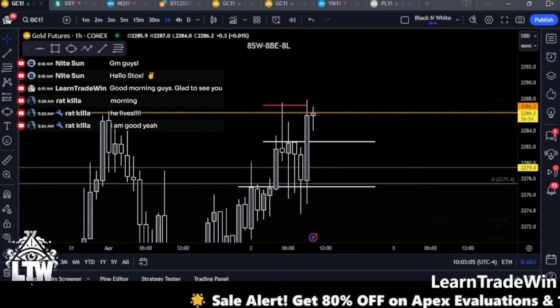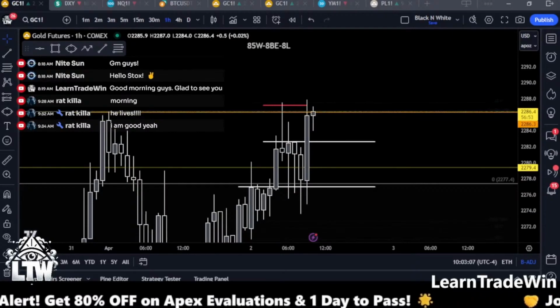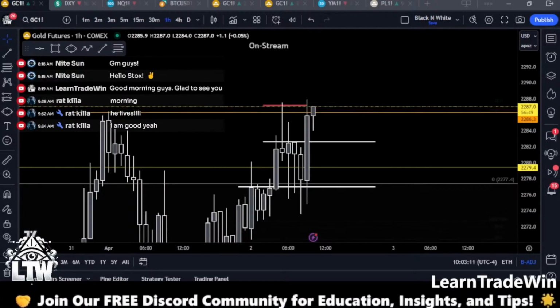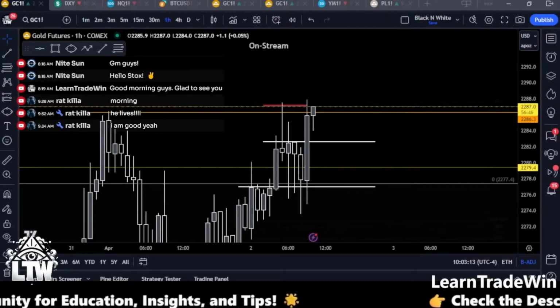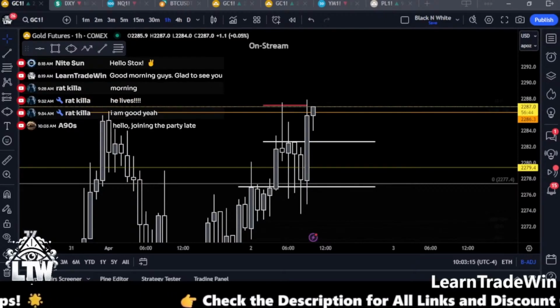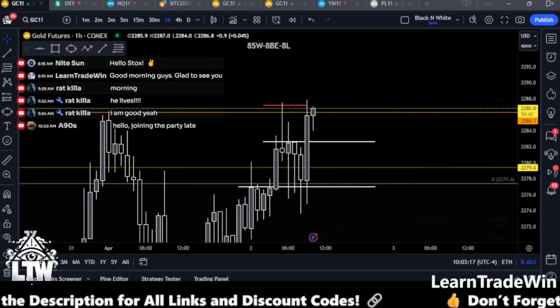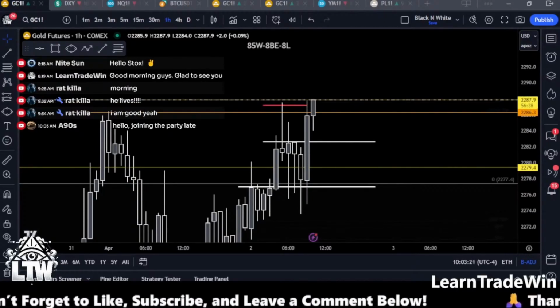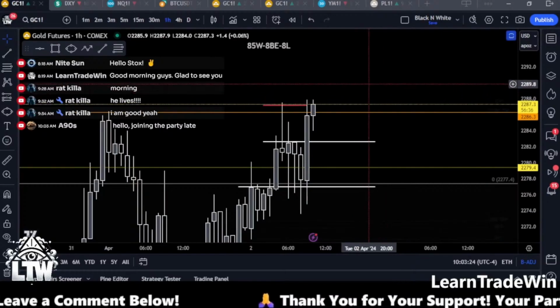Just too much movement. If you're just playing with micros, you'd probably be alright. But just too crazy to play with minis.